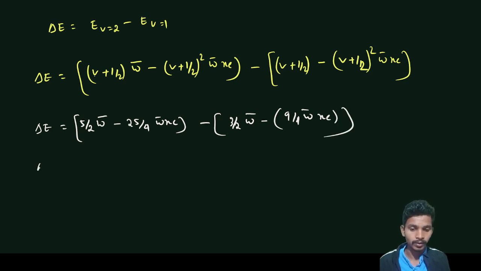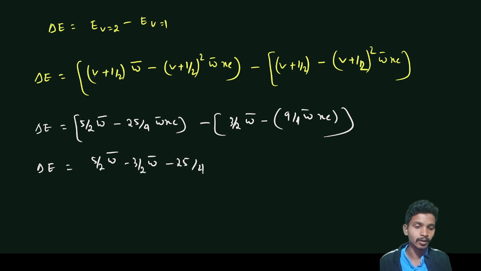Okay, so if I subtract, this is 5 upon 2 omega minus 3 upon 2 omega, and then minus 25 upon 4 omega xe plus 9 upon 4 omega xe.